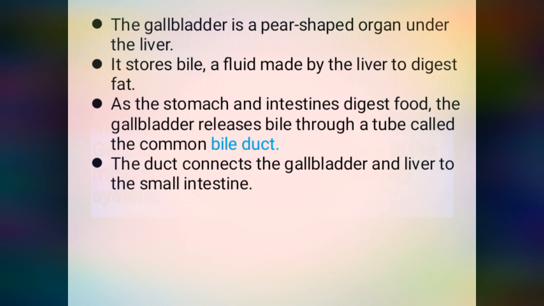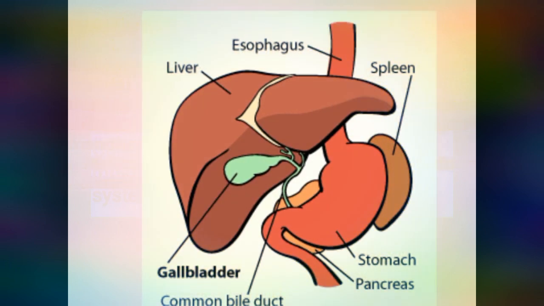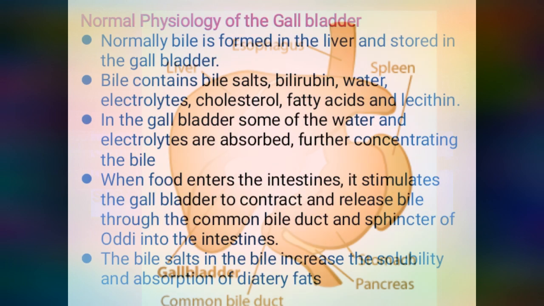The duct connects the gallbladder and liver to the intestines, the small intestine to be specific, where the bile helps in the digestion of fat so that it can be absorbed. Here we can see the visual aid of the anatomy of the gallbladder. We can see the link between the liver, the gallbladder, and also the small intestine. That's where the gallbladder is located.